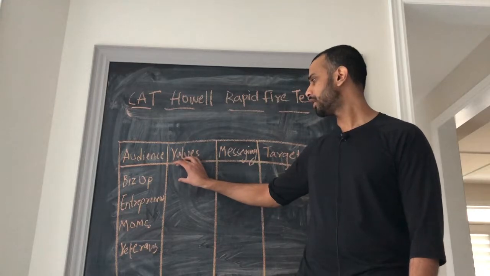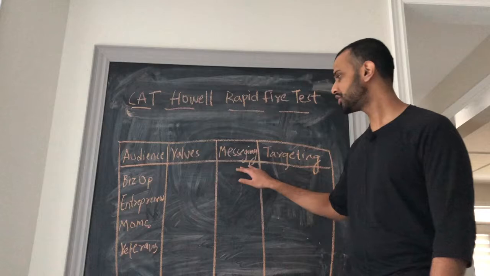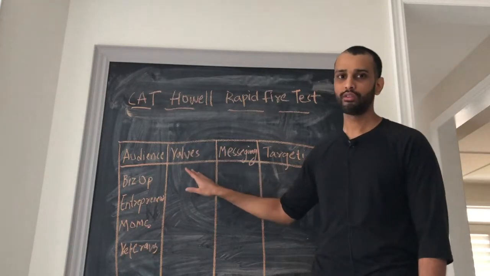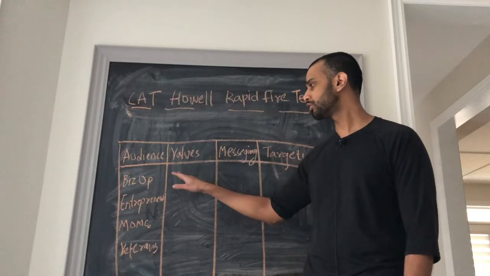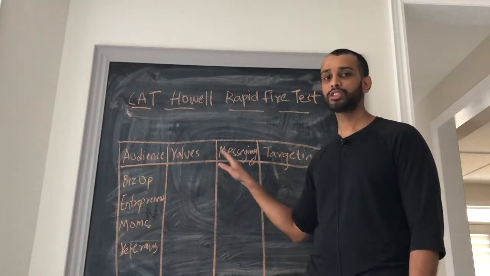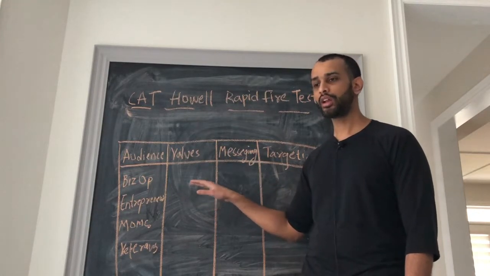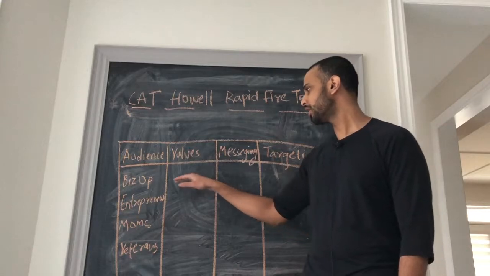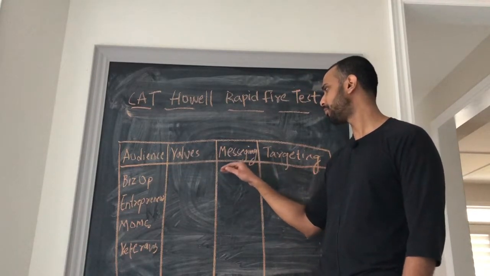And for each one of these core values, the messaging you make is of course going to be different. Because for someone who's going to leave their 9 to 5 job, the messaging will be different to someone who wants to create a side income, right? So that really helps you understand how to go about building your messaging.